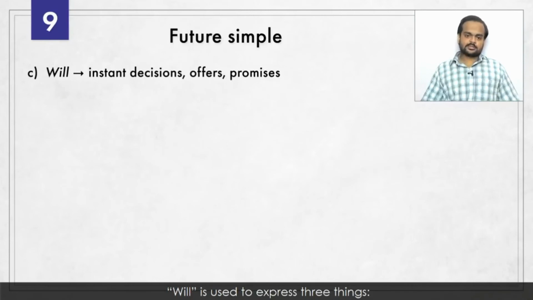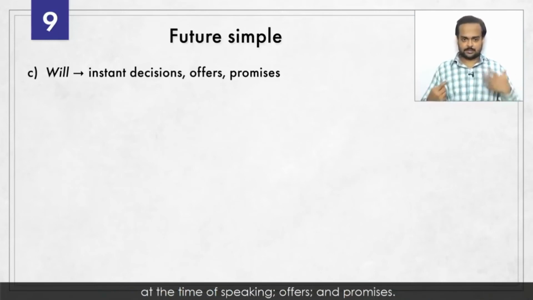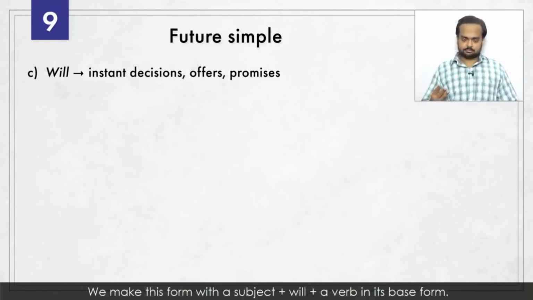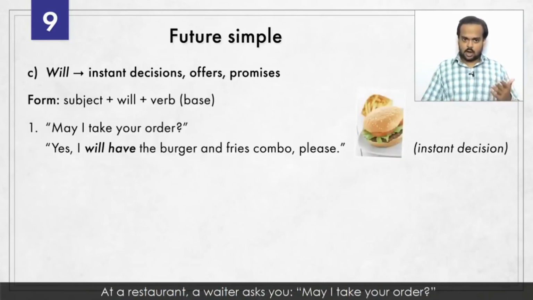Will is used to express three things. Instant decisions, that is, decisions that we make suddenly at the time of speaking, offers, and promises. We make this form with a subject plus will plus a verb in its base form. At a restaurant, a waiter asks you, "May I take your order?"